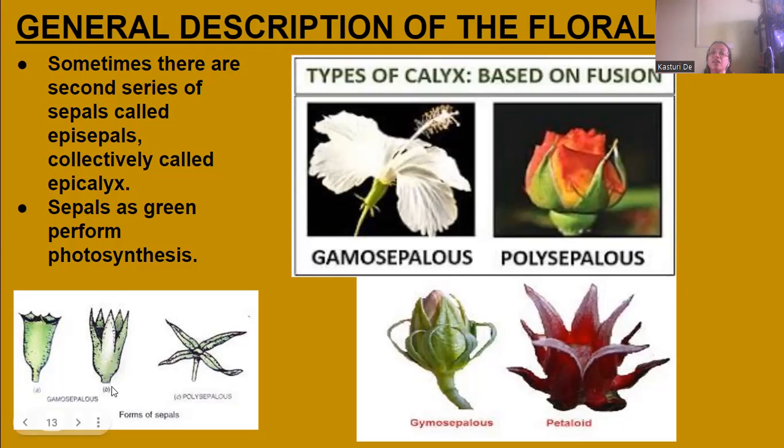So they are known as synsepalous. Then polysepalous, where total sepals are free. Here, see, gamosepalous and polysepalous. Okay, here the sepals are petal-like, brightly colored. Therefore, they are known as petaloid sepals.